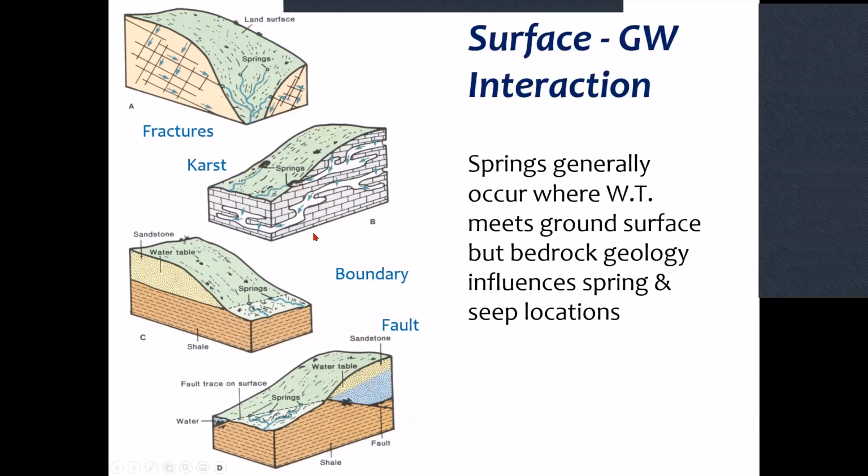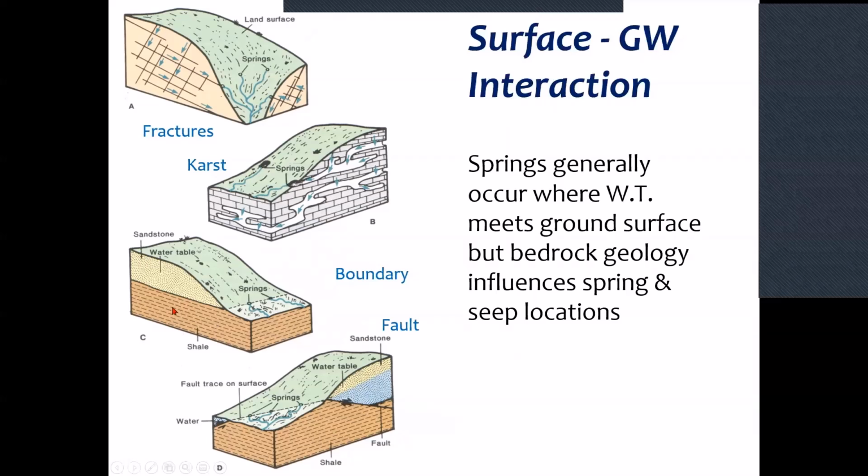So karst, of course, we've discussed a little bit. Certain igneous metamorphic rocks are going to have lots of fractures and their own kind of bedding structures associated with them that'll lead to preferential flow. And sometimes if you've got faults and fractures in the bedrock, you'll see springs associated with them that act as preferential flow pathways to the surface.